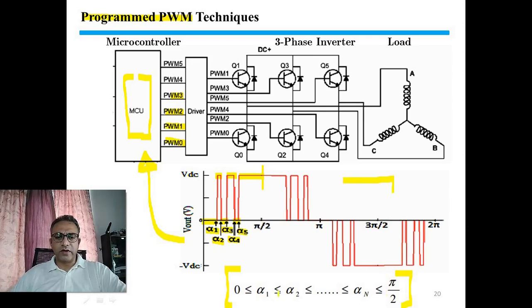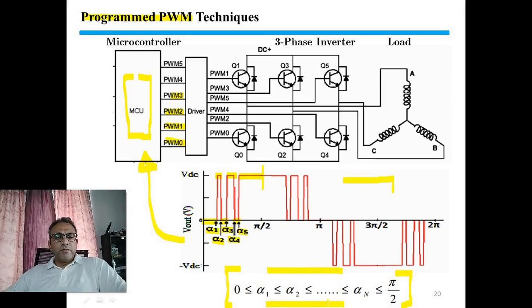That is, alpha 1, alpha 2, alpha 3 should all be within 0 degree to 90 degree, such that alpha 1 is larger than 0 degrees, alpha 2 is larger than or equal to alpha 1, and alpha 3 is larger than alpha 2, and so on. So this is a constraint that we have to maintain.